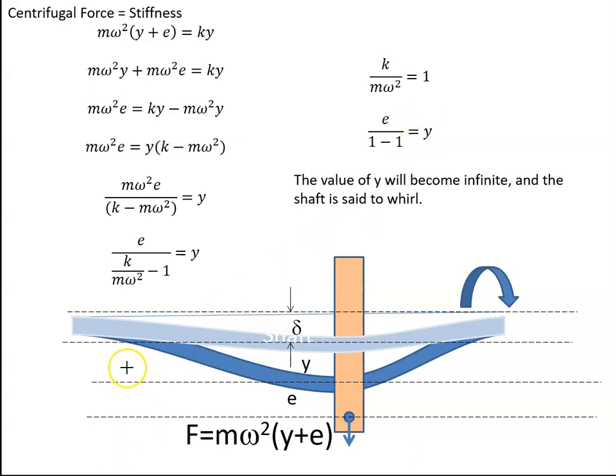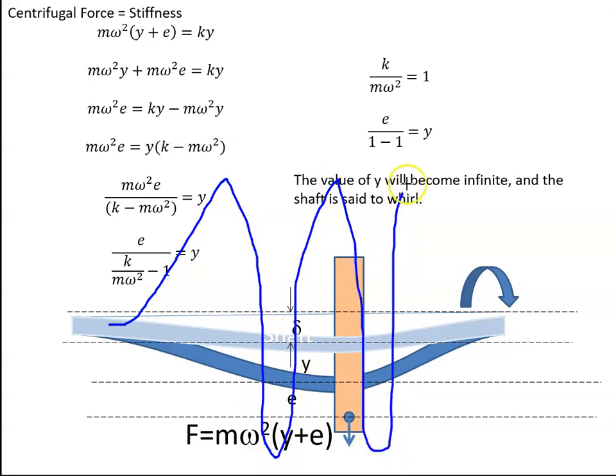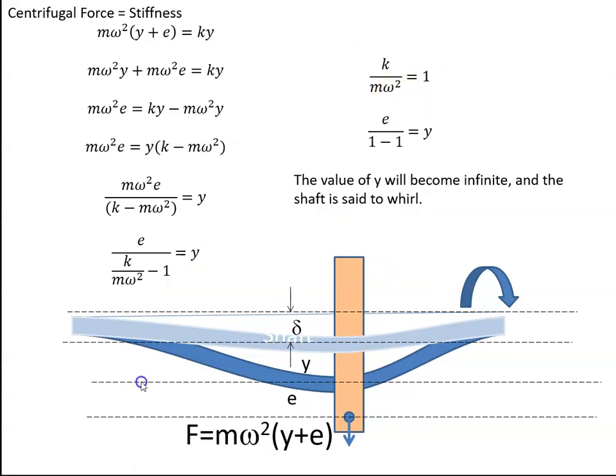What that means is, you could see the shaft vibrating up and down like that. So we want to stay away from this speed, okay? And we're going to call this the critical speed, omega c. So when this expression is equal to 1, we're at this critical speed.